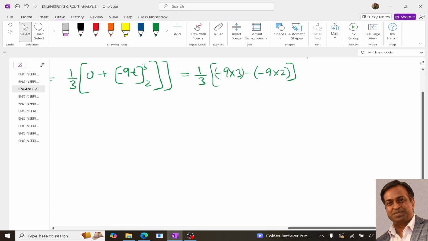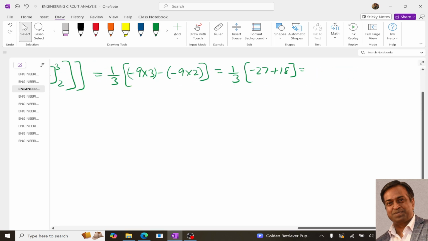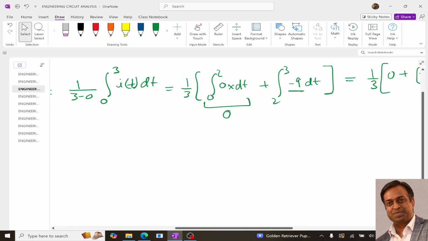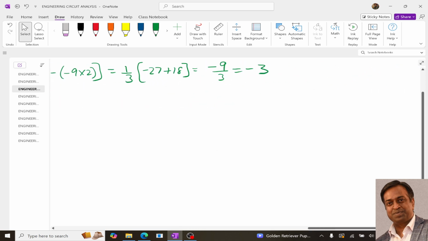Solving this, we get 1 by 3 times minus 27 plus 18, which is minus 9 upon 3, so it is minus 3.